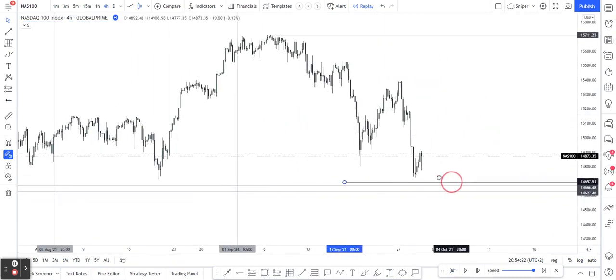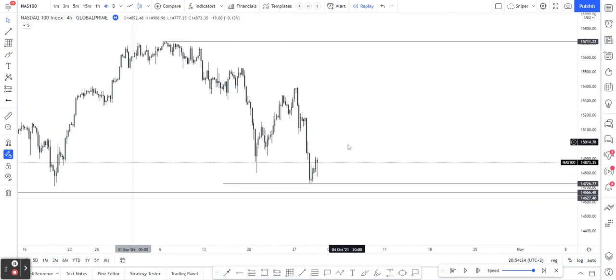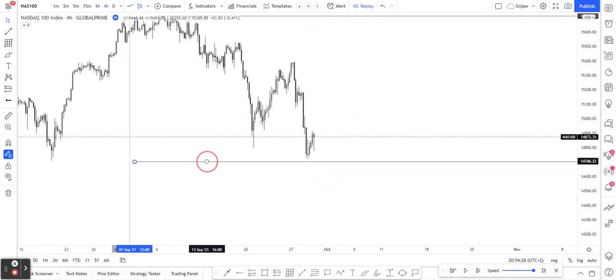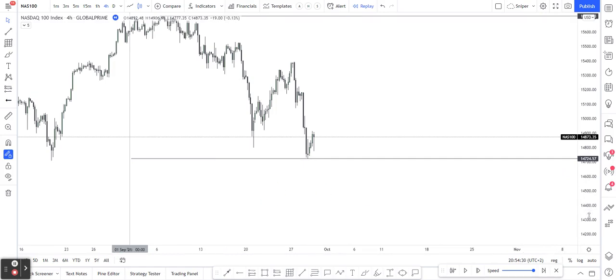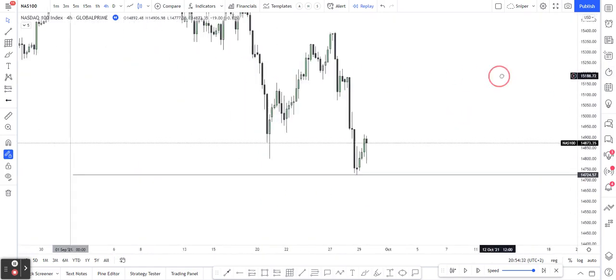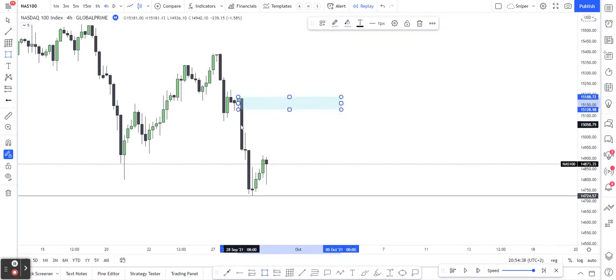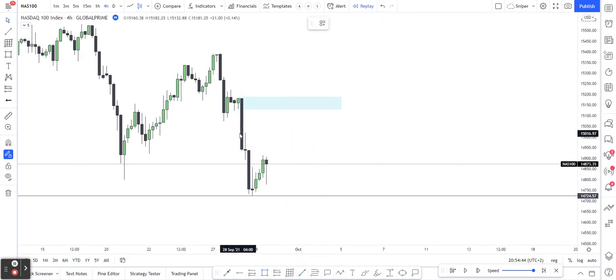So we have this most recent low, and first of all, we identify the liquidity, the closest liquidity to where price is currently at. So we have this order block, and then we have this imbalance set out here as well.